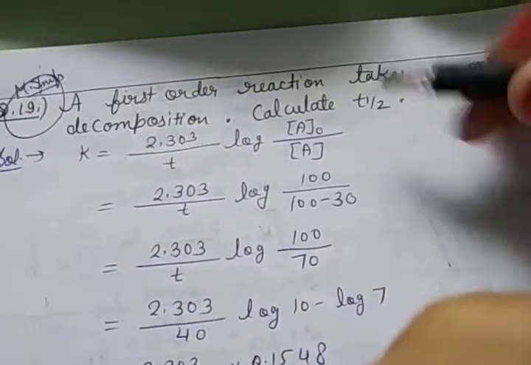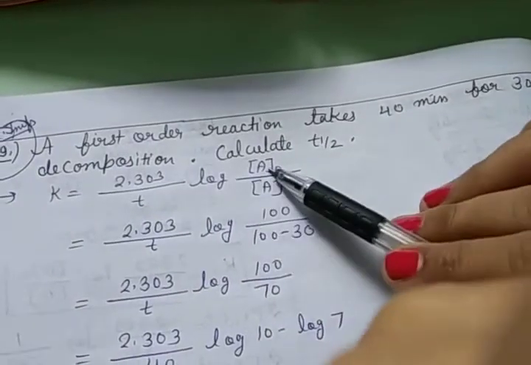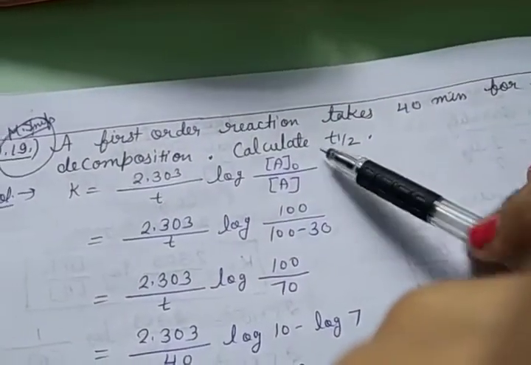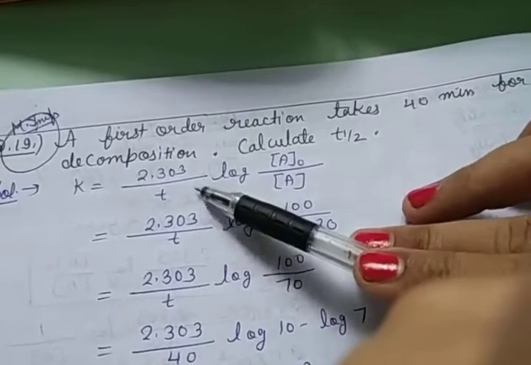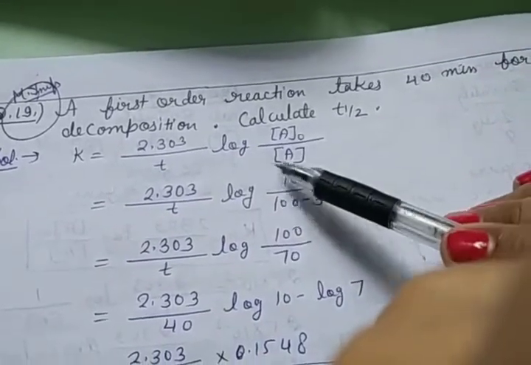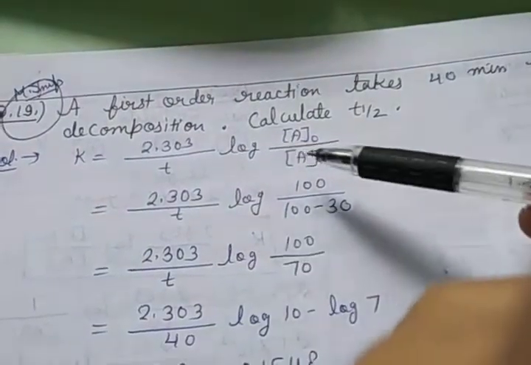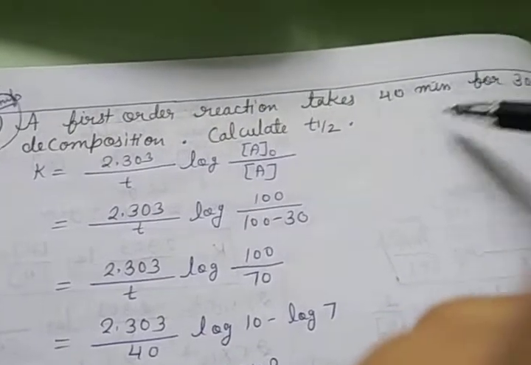Question number 19. A first order reaction takes 40 minutes for 30% decomposition. Calculate T half. First order, so the formula is K equals 2.303 divided by T, log A naught upon A. So 2.303 divided by T, with 40 minutes given for 30%.